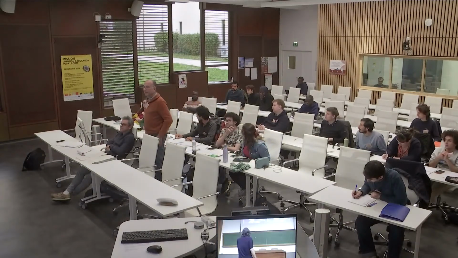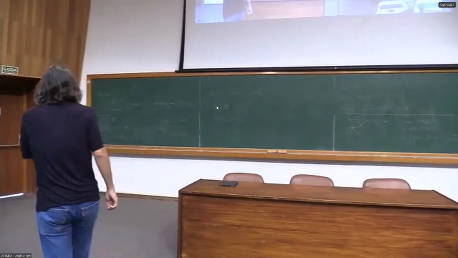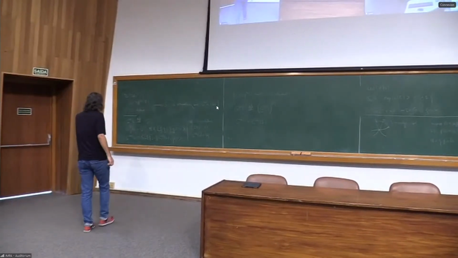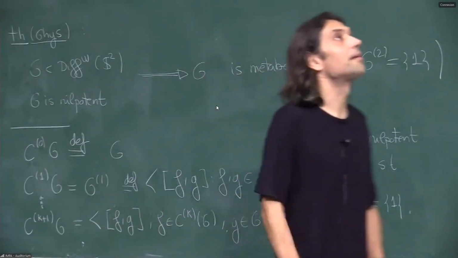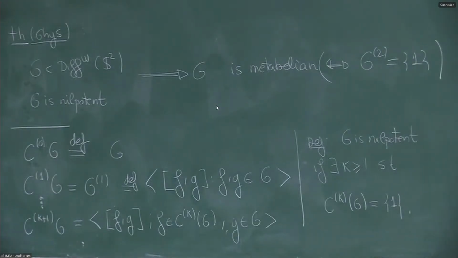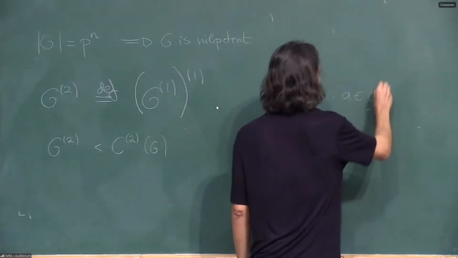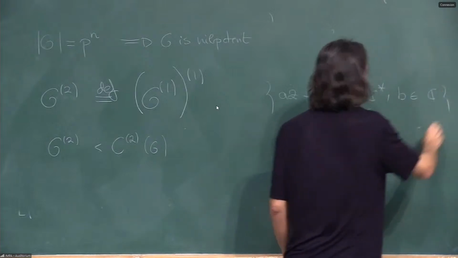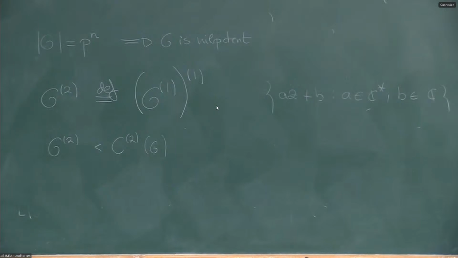And what about the converse of the theorem? I don't think that's true, I should think about it, but no, that's not going to be true because the affine group is metabelian. This group is a group of Möbius transformations of the sphere that is metabelian, because the derived group is the group of translations, but it is non-nilpotent.